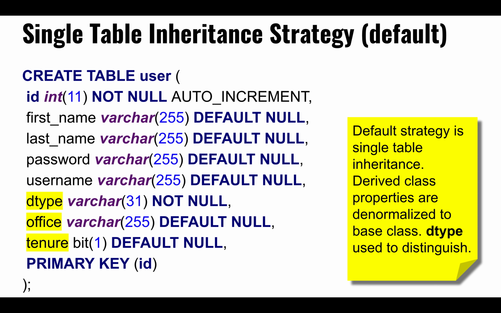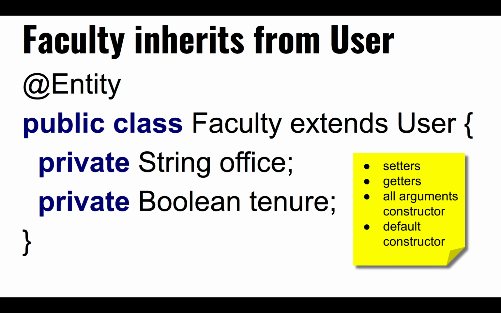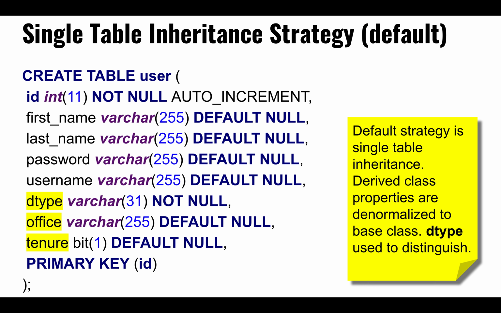Notice that what has happened here is that the original user table, that declared the primary key and the four class variables, first, last, password, and username, has now been enhanced to add additional fields that were not there originally. It added 2 fields to capture the fields from this new faculty class, plus an additional field called dtype.